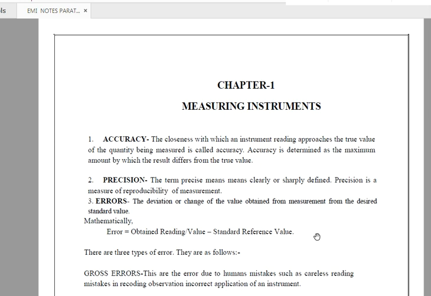We can say tests and measurements are important in designing, evaluating, maintaining and servicing electrical circuits and equipment.